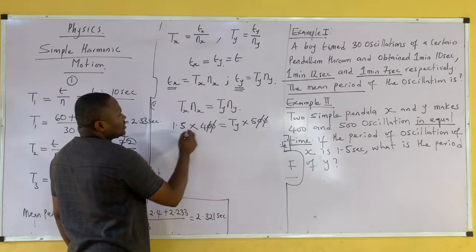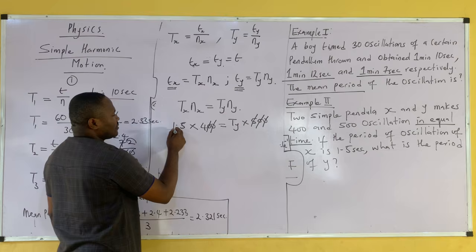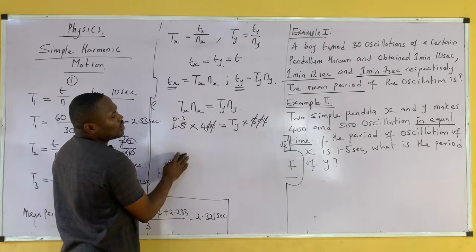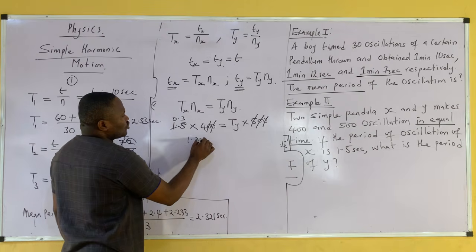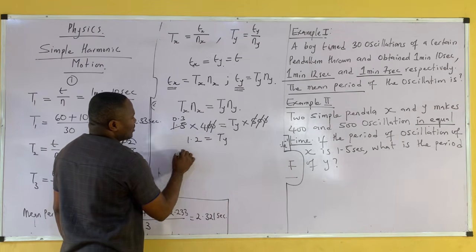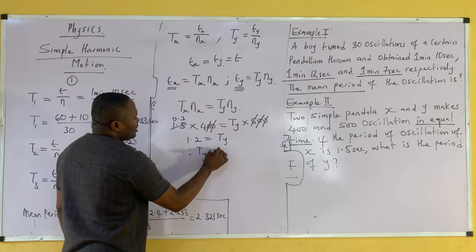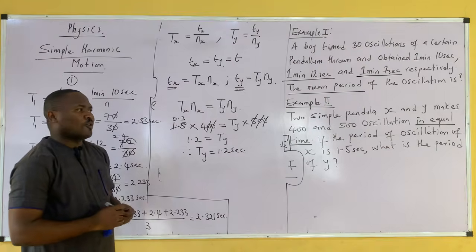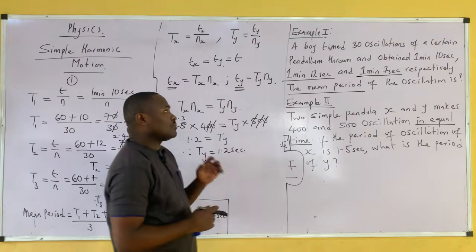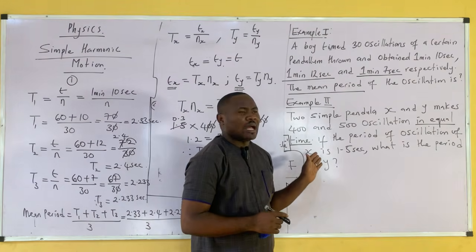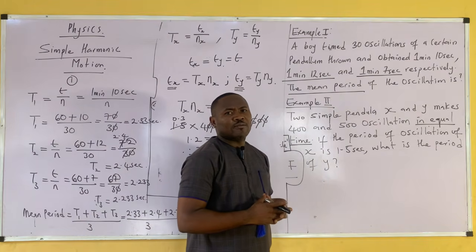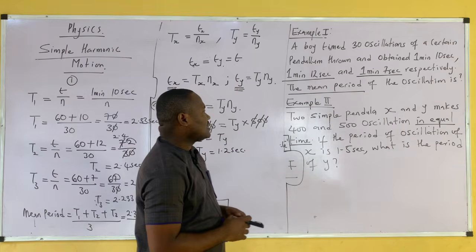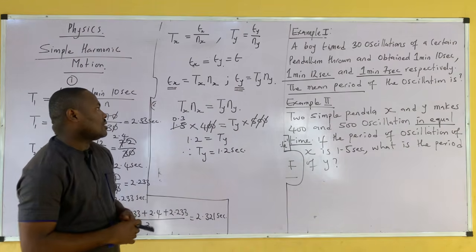Now, if I want to do this, 5 here will be 1, 5 here will be 0.3. 0.3 times 4, so I have 1.2 is equal to Ty. Therefore, my Ty is equal to 1.2 seconds. So that's how this is solved. Most times when you are calculating, please look critically at the statements. Why? Because they are very important. In the statements are the technicalities you need to answer the question.